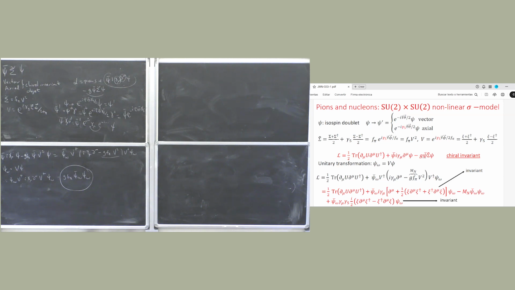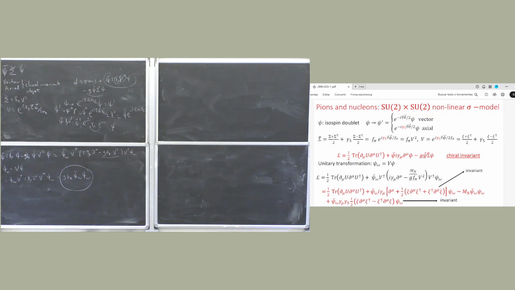And f pi, I remind you, was the vacuum expectation value of the field of the theory that takes a non-zero value in the vacuum, just because the axial charge does not annihilate the vacuum, right?